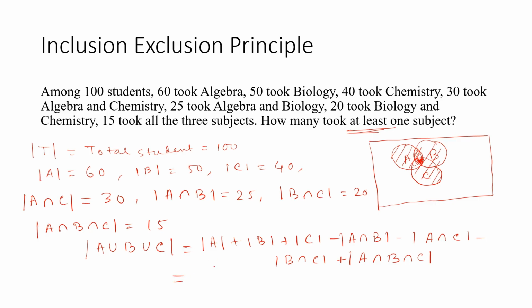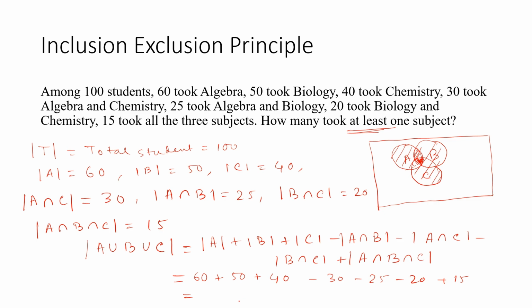Now just put the values here. So it is 60 plus 50 plus 40 minus 30 minus 25 minus 20 plus 15.